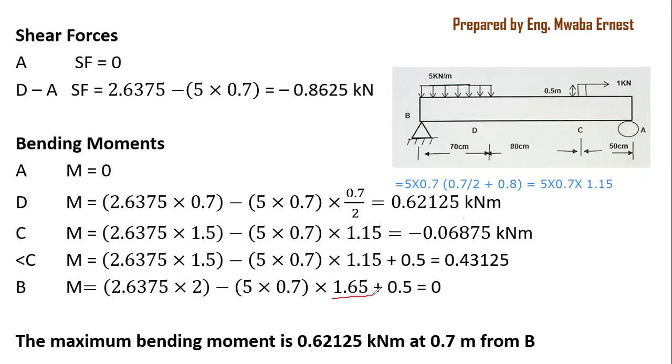1.65. How do you get 1.65? The whole distance between these two is 2 meters. So for the UDL, we said it always acts at the center. So the distance now from here all the way to the far end where the A is, that's the one we're interested in. So what are we going to do? We remove 0.35, half of 0.7. So to make it faster, you can just say 2 take away 0.35.